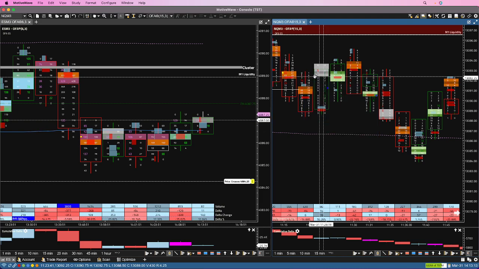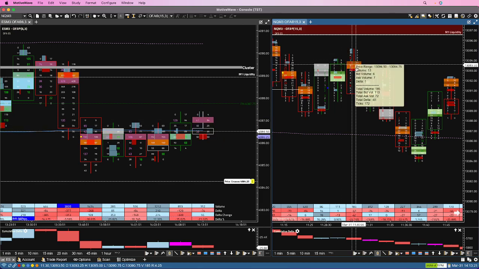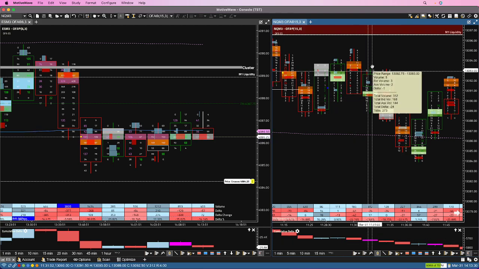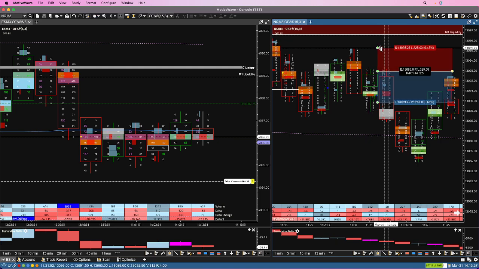Okay, so as you can see, look at this candle. We have trapped buyers, we have strong aggression, we have a bearish cluster, we have sellers aggression. So price goes down, retests, and this is a very good trade.